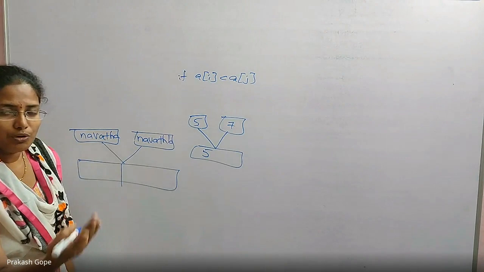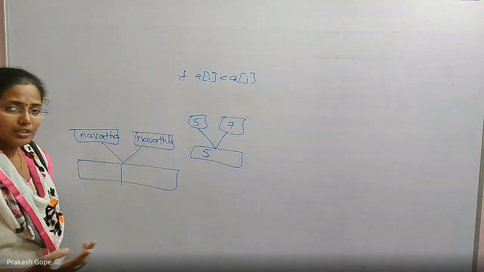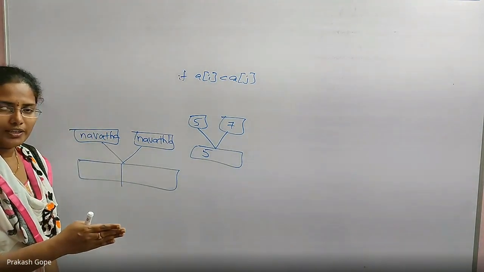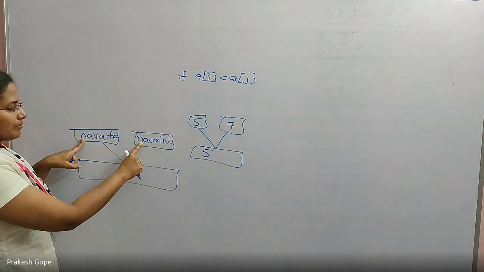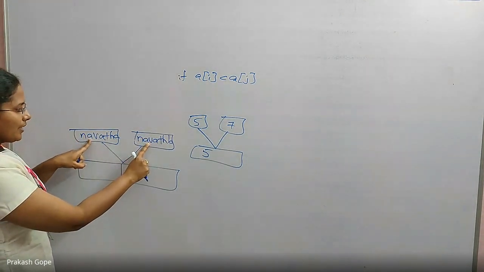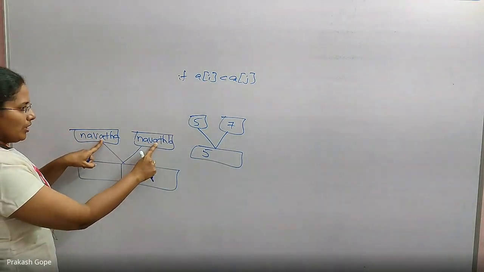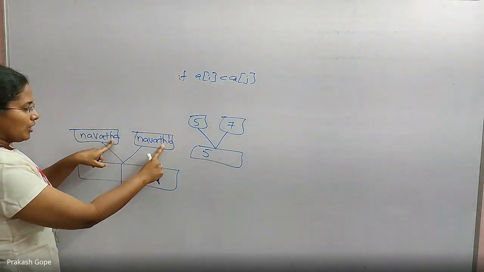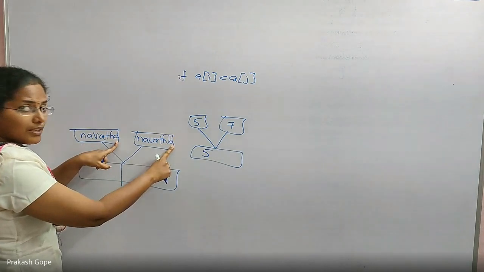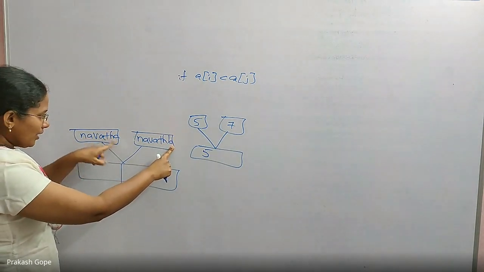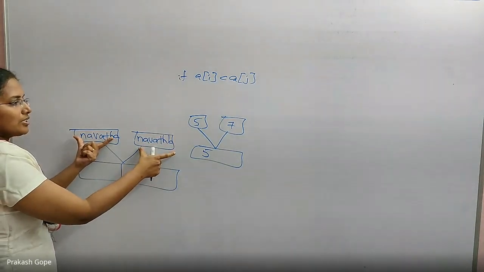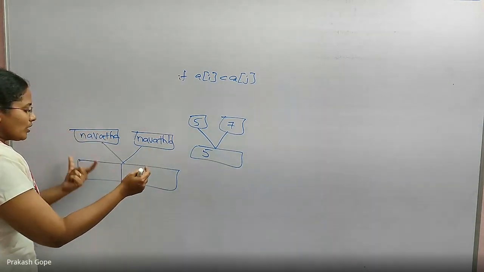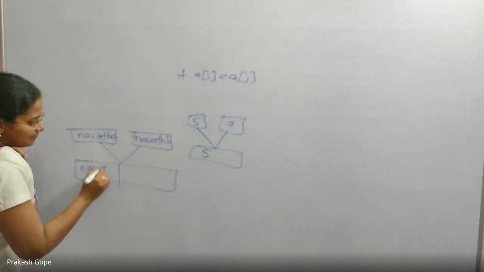What is the smaller string? What is the bigger string? Lexicographic order, right? So I will compare N, both are same. A, same, V, same, A, same, T, same, H, same, A, B. Yes, there is a difference. In the dictionary order, this is the smaller string, this is the bigger string. So this one is copied first.